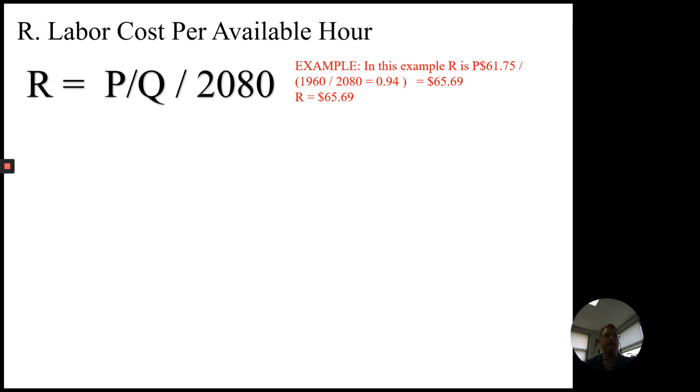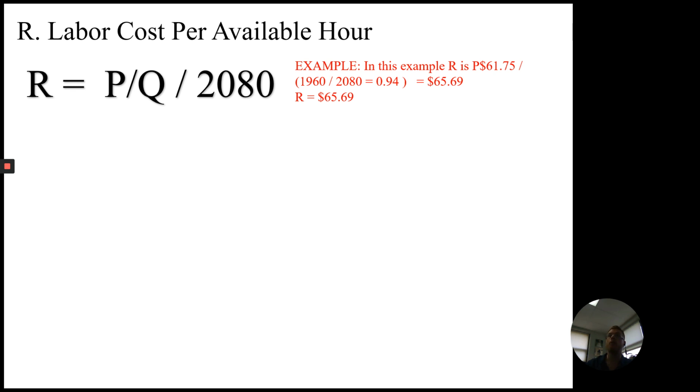So before we said that our available hours are 1960. So R equals P divided by Q divided by 2080. In this example, 1960 divided by 2080 is 0.94, which means the mechanic's actually working 94% of a year.